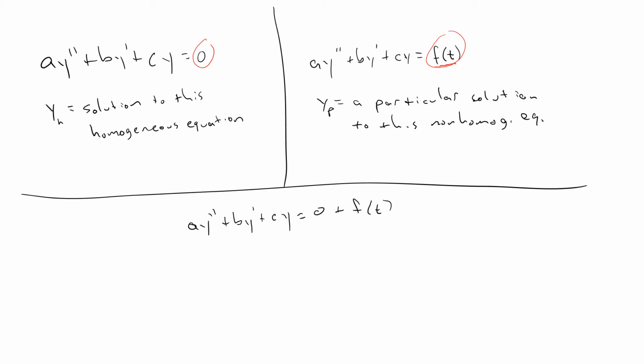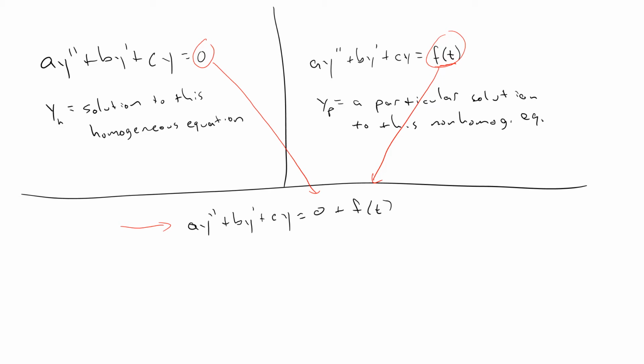Now, what I was describing at the end of the previous slide is that if you look at this differential equation down here, ay double prime plus by prime plus cy equals 0 plus f of t, the right hand side is now a combination of the right hand sides from my other two equations.